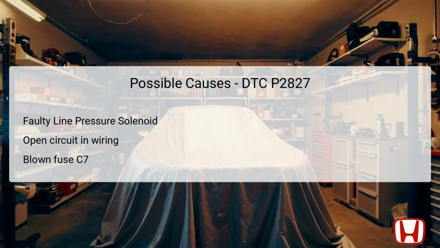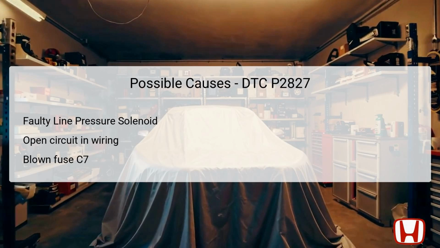When addressing DTC P2827, it is essential to consider several potential causes. The first could be a faulty line pressure solenoid valve A, which directly affects hydraulic pressure within the transmission. Alternatively, an open circuit in the wiring that connects the solenoid to the PCM can lead to high input signals.